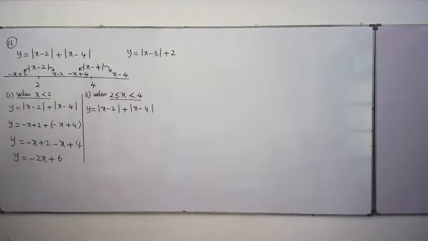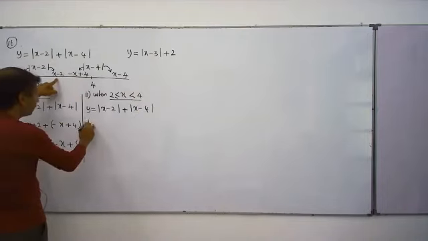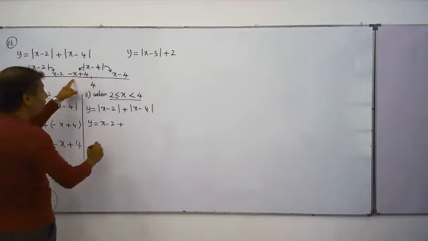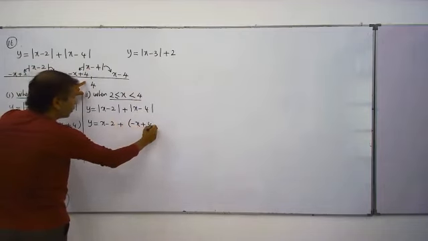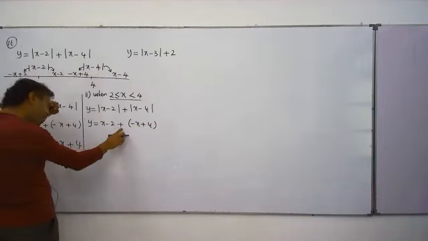Okay, right. In this interval, mod x minus 2 is x minus 2. Mod x minus 4, in this interval, is minus x plus 4. Correct, no, people? Simplify this. What do you get?